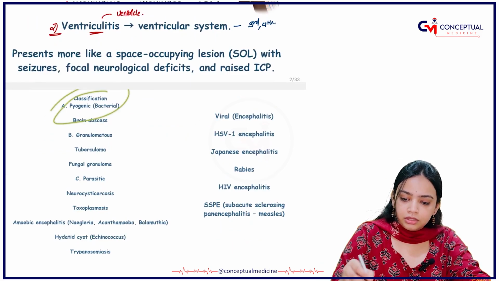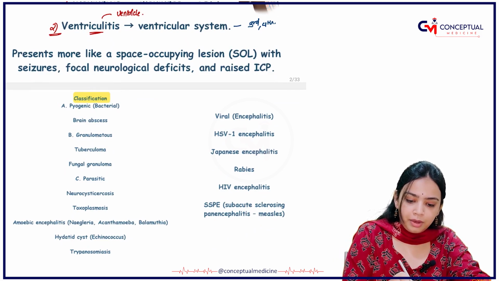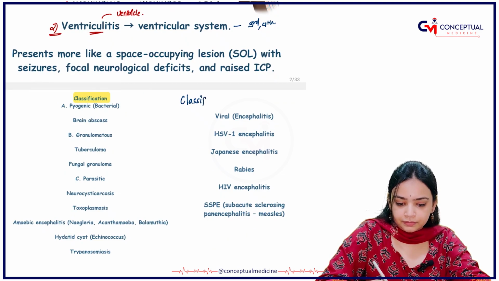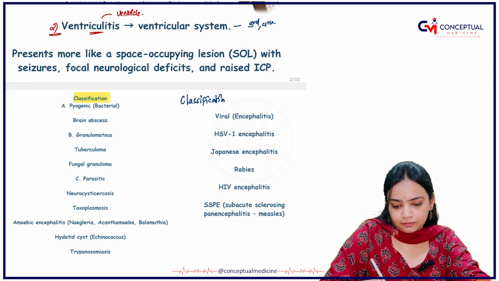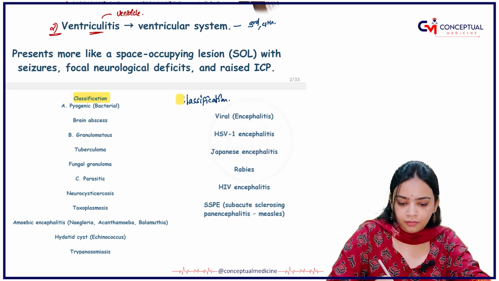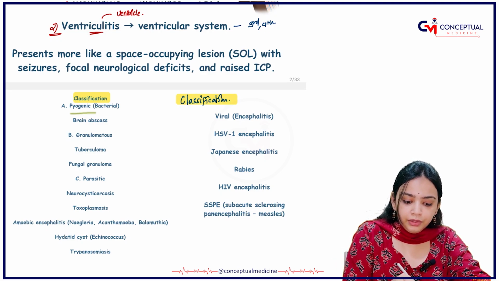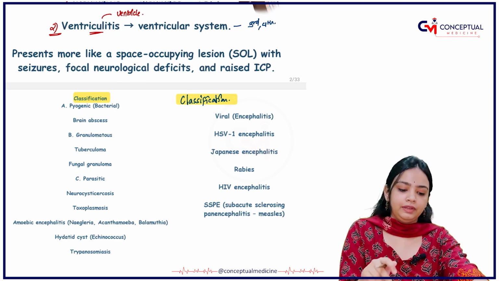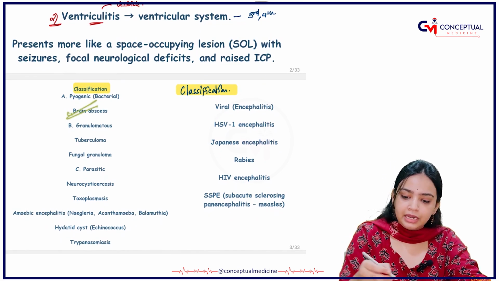Let's talk about the classification. So, first one you have is the pyogenic. Pyogenic ones are called the bacterial ones. In that, you have the brain abscess.